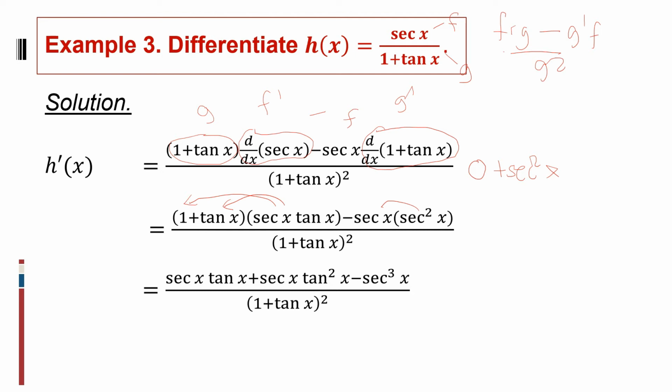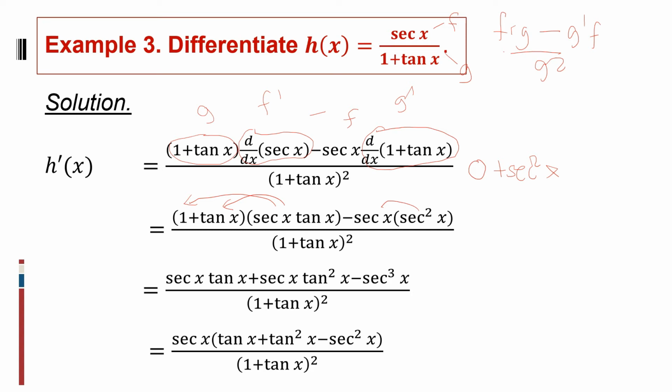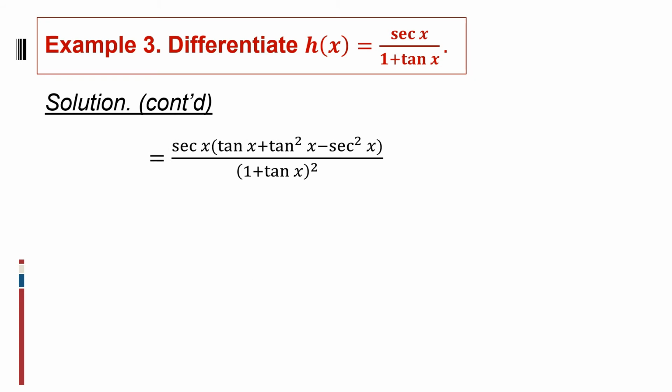So, pansinin ninyo, yung numerator natin, lahat may secant x. So, pwede nating ilabas yung secant x, which gives us secant x times the tangent x plus tangent squared x minus secant squared x all over the square of 1 plus tangent x. Now, etong secant squared x dito, di ba, alam natin that that is equal to 1 plus tangent squared x. Okay? Yung ating Pythagorean identities.